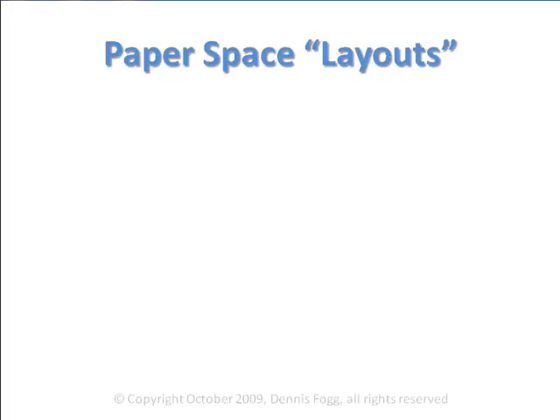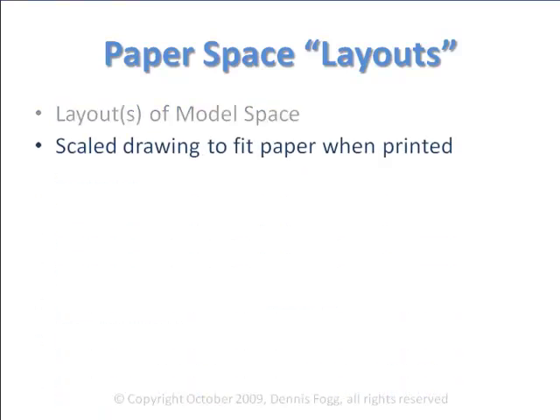Paper space is easier to understand because it does work with scale. Paper space is exactly as its name implies, a representation of the printed or paper version of your drawing. In paper space, you decide at which scale you'll be printing, also known as plotting, and set the screen up to represent that scale.